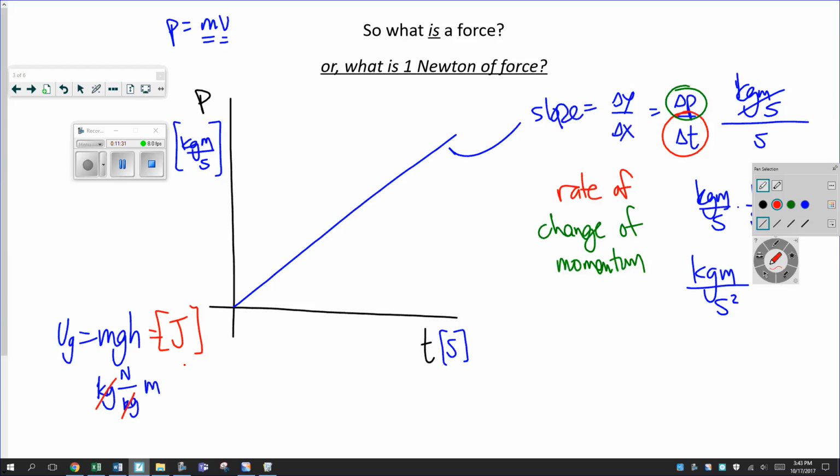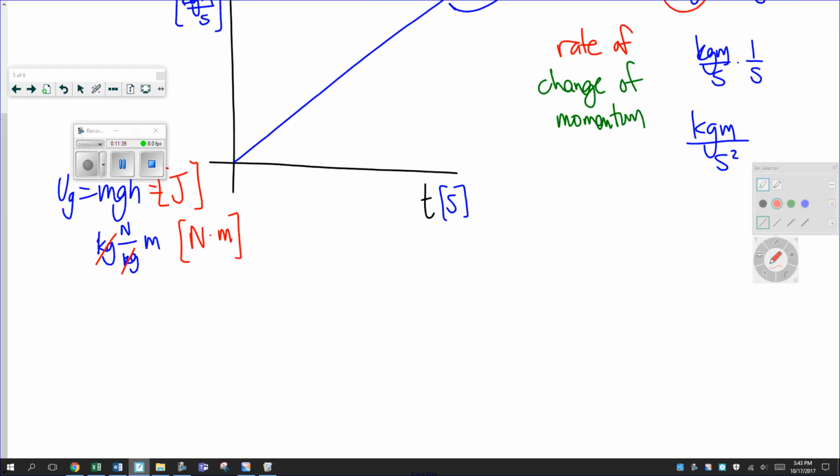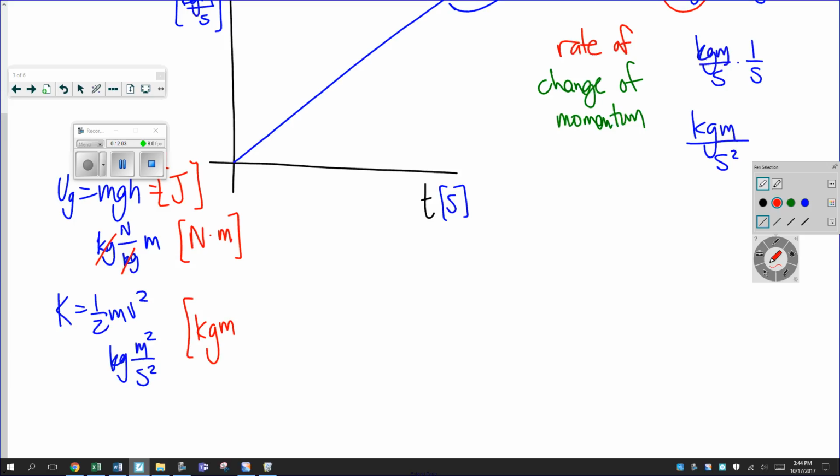It says that a joule is a newton meter. Well, we also know that we got K equals 1/2 mv squared. So that's mass in kilograms, v in meters per second, but it's squared. So a joule is also a kilogram meter squared per second squared.